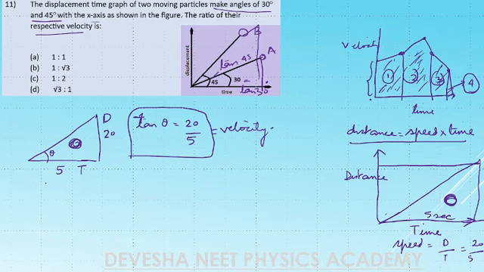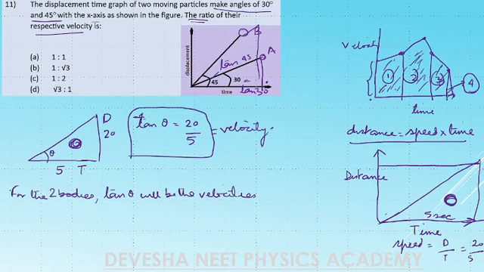So for the two bodies, tan theta gives the velocities, and we need to find the ratio.